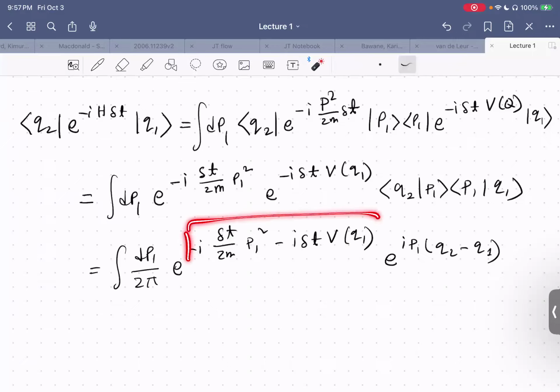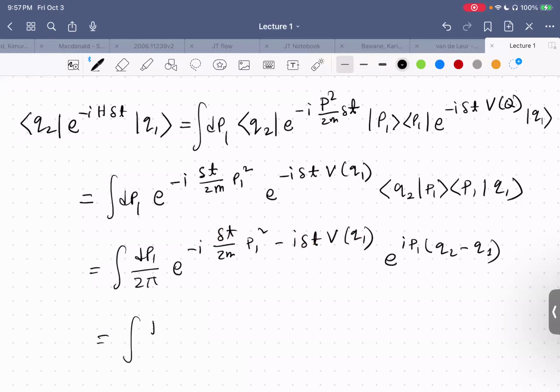But notice what this thing is. This is position, this is position, and this is momentum. So you have p squared over 2m plus your potential energy, multiplied by delta t and minus i. But this is nothing but the Hamiltonian, right?